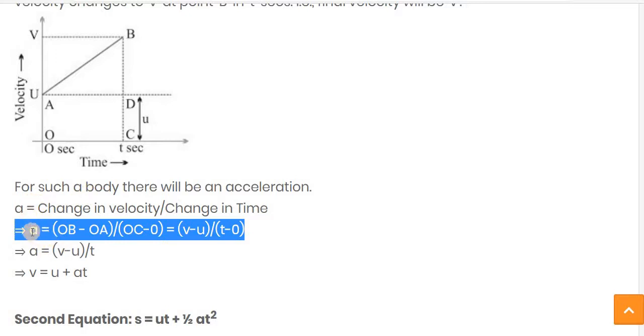As we know, the formula of acceleration is v minus u divided by t, so we have to find this AB, the change in the velocity.